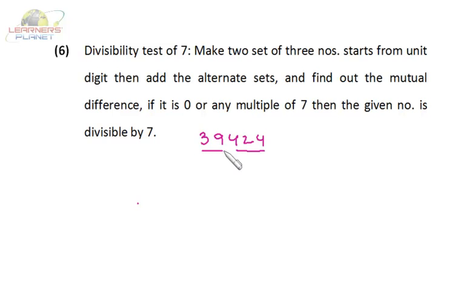It's 39 and it's 424. Okay, now we have to find out the difference. So it's 424 minus 39. So we are getting 385. I hope you are clear about the subtraction.